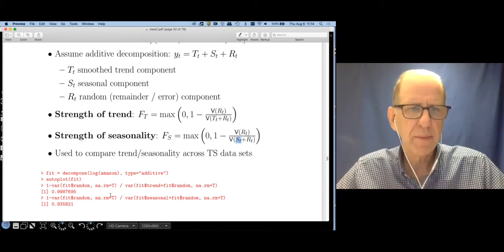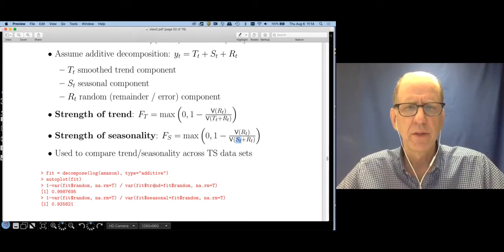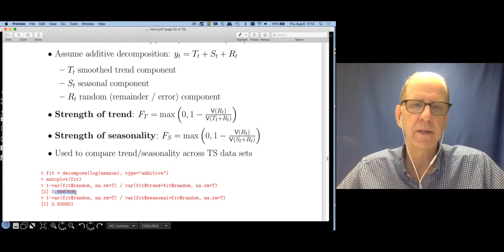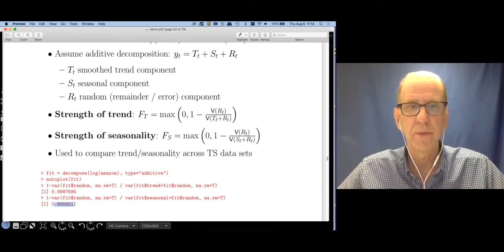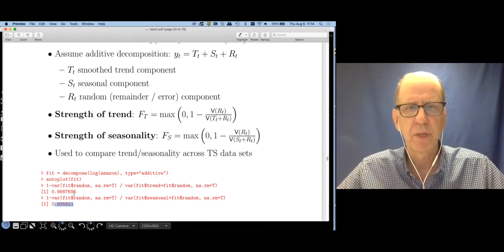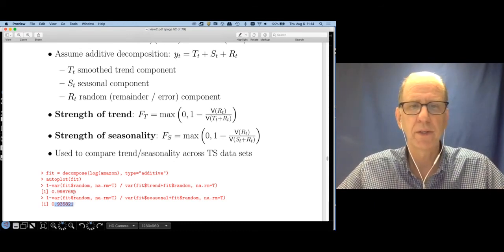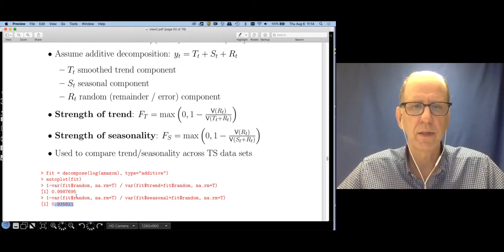And so when we look at the Amazon data with the log scale, what we see is the variance in the trend part relative to the error is way higher than the variance of the seasonal part, although the seasonal part is also very large compared to the errors. But this is just telling me my trend part is a stronger piece of the time series than the seasonal part.